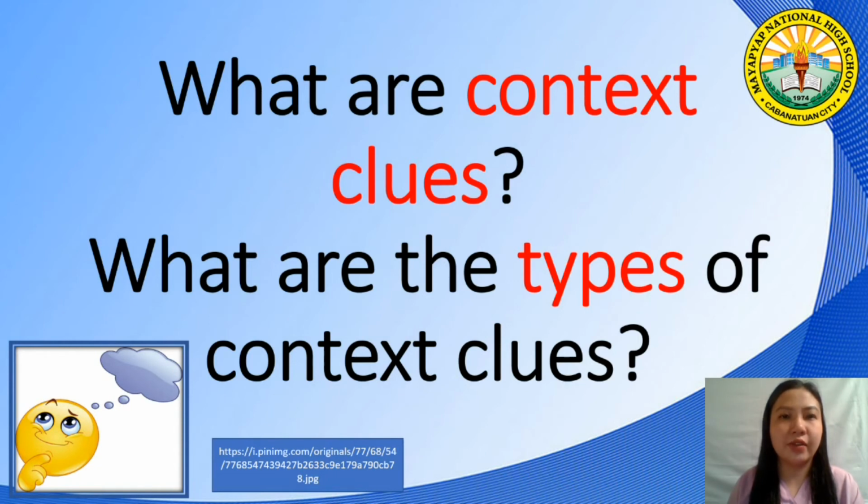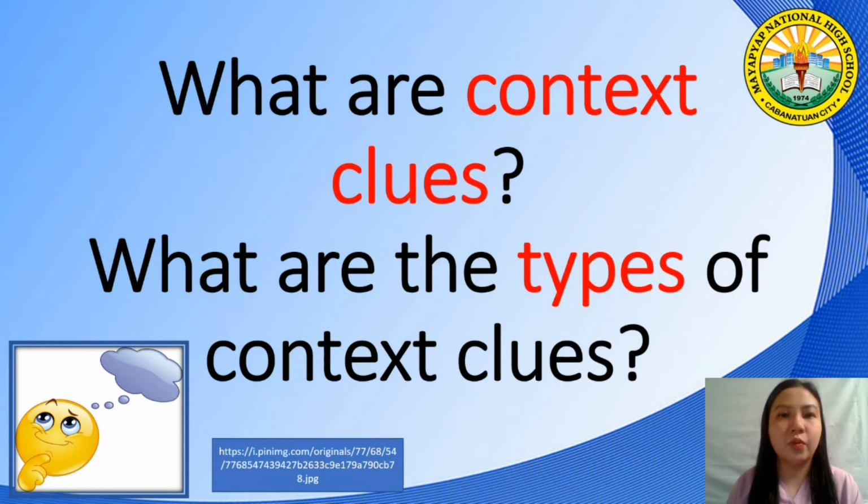First one is definition. The unknown word is explained by using a more familiar word or phrase. Second one is restatement or synonym. The meaning is usually right after the unfamiliar word and often separated from the rest of the sentence with commas, dashes, or parentheses. Third one is comparison.